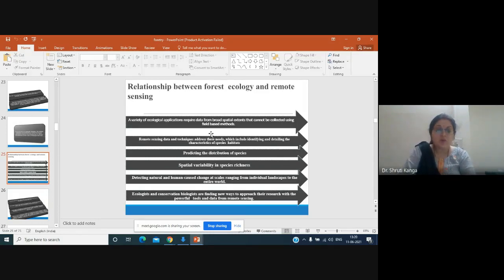Then we have ecologists and conservation biologists, who are finding new ways to approach their research with the powerful tools and data from remote sensing. So many people working in forest ecology or related areas are finding new ways to approach their work with the help of these powerful tools.